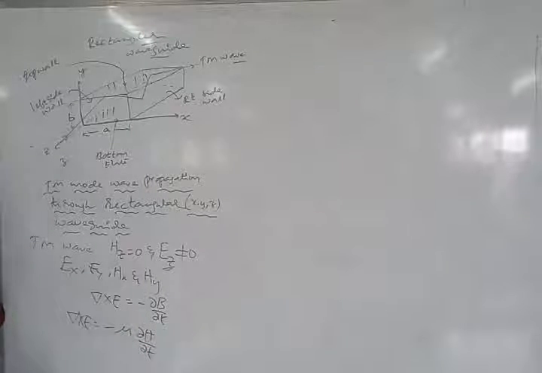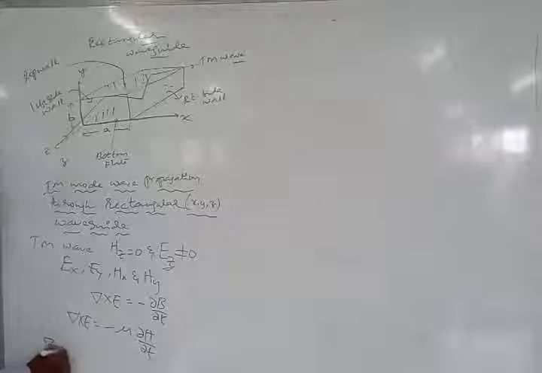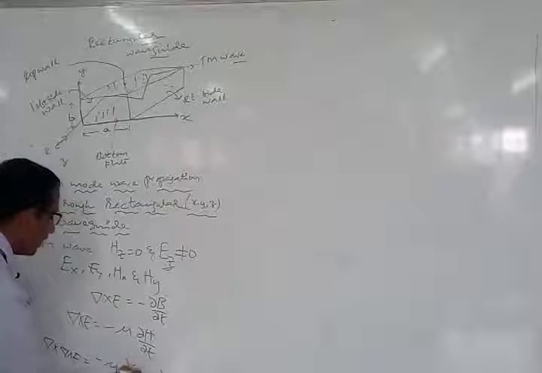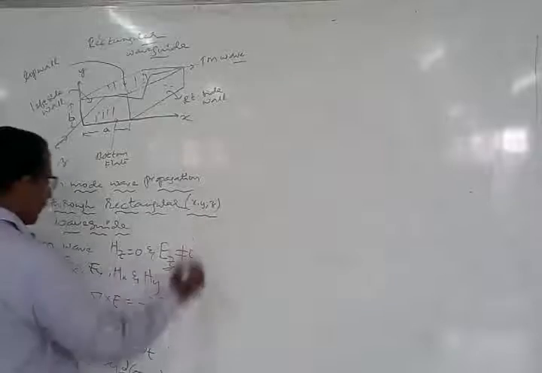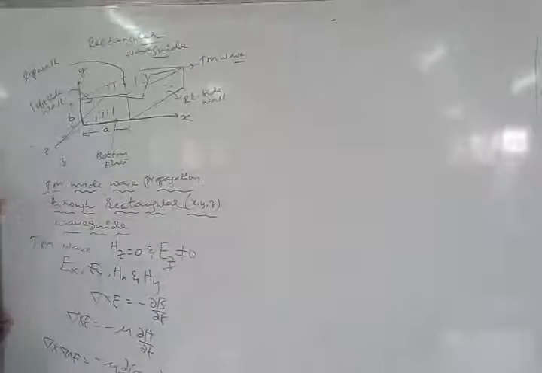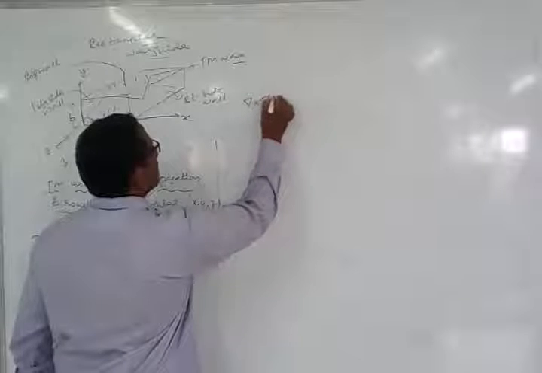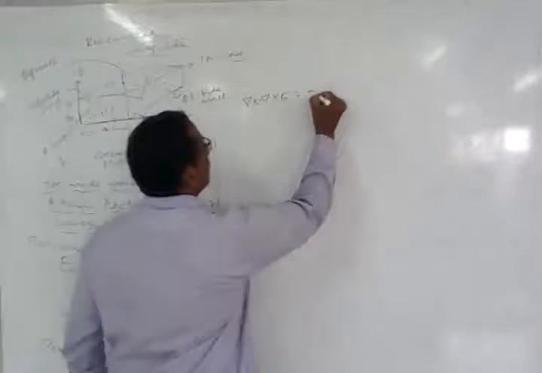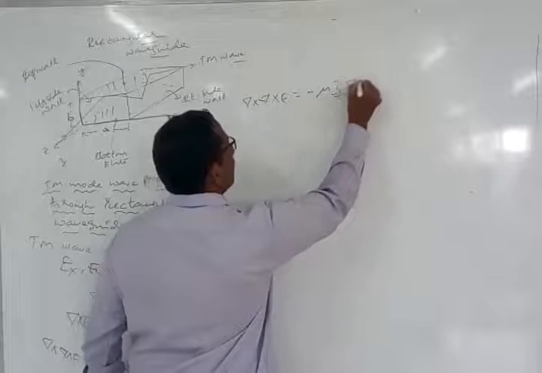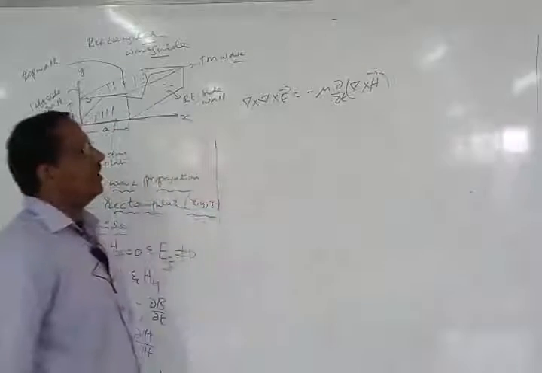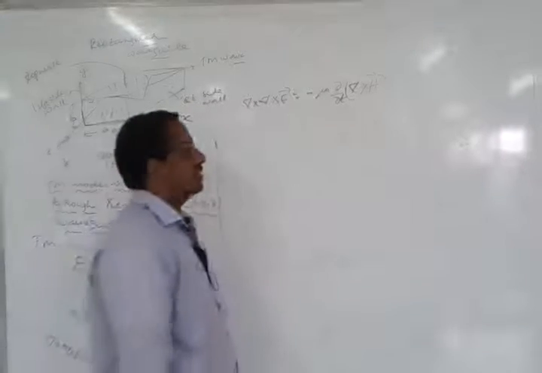Now if I take curl on both sides, del cross del cross E is equal to minus mu dou by dou t of del cross H. So after we perform this, what are we going to have now? All these are vector components, right? They will have both direction as well as phase.